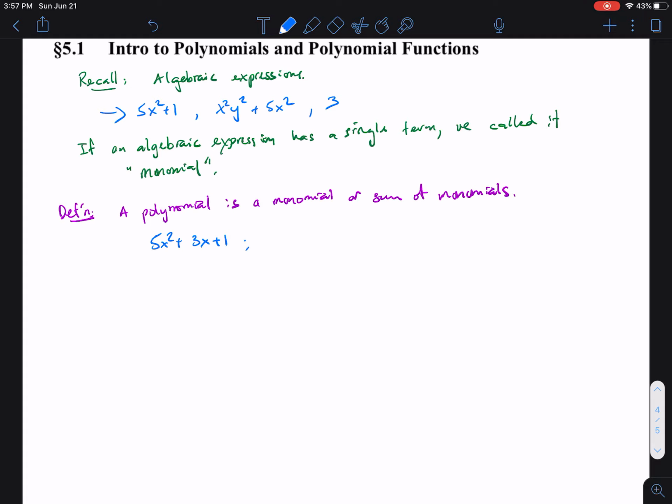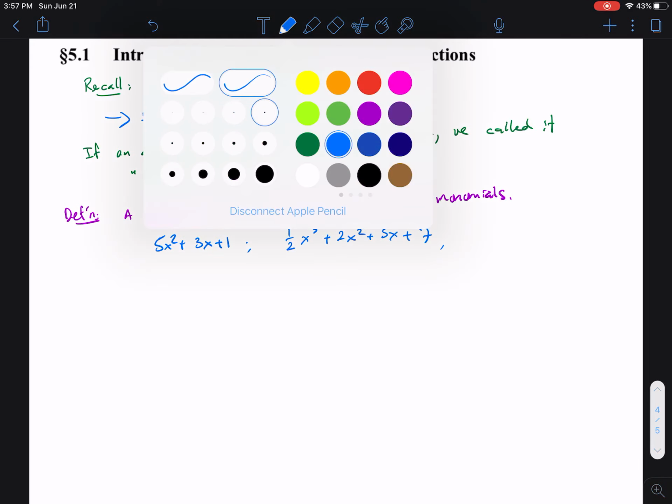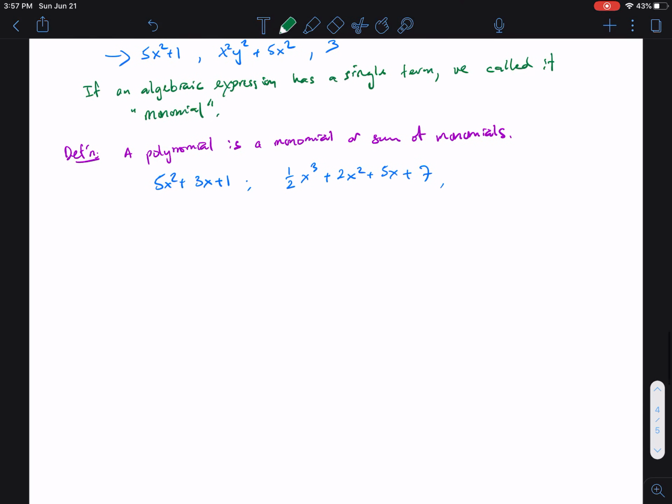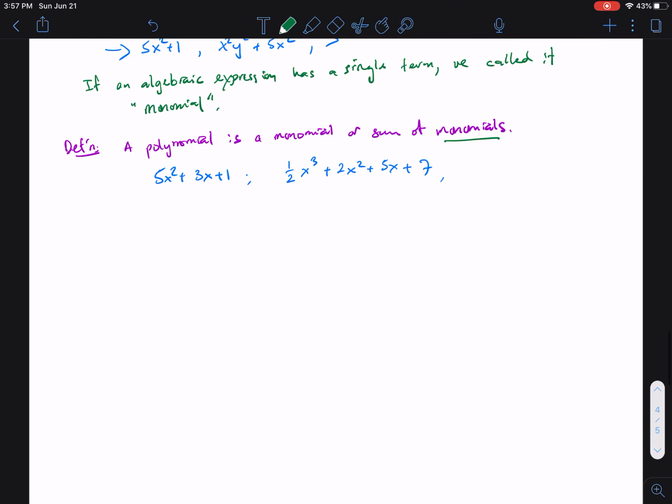Or we can have 1/2 x to the third plus 2x squared plus 5x plus 7, so that's another polynomial. It turns out that we have three basic types of polynomial. We have the monomial already, just a single term. Monomial is a one term polynomial.